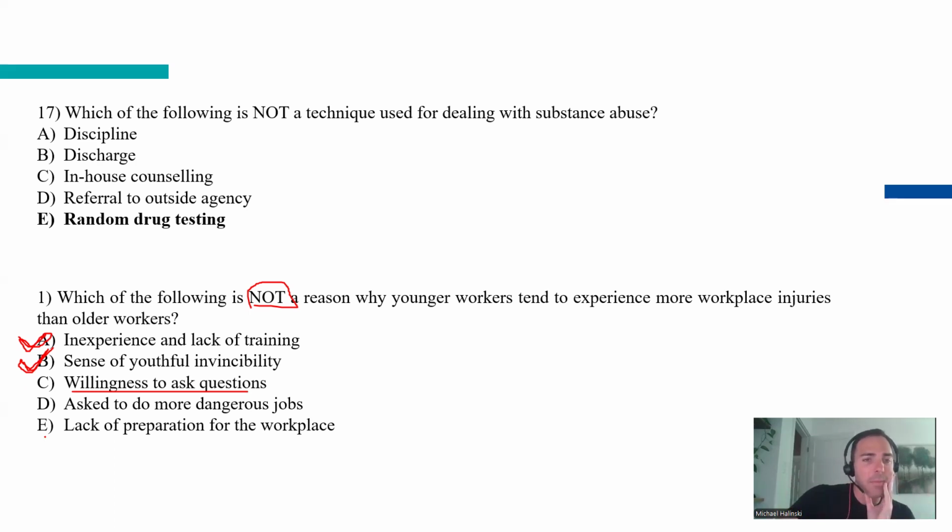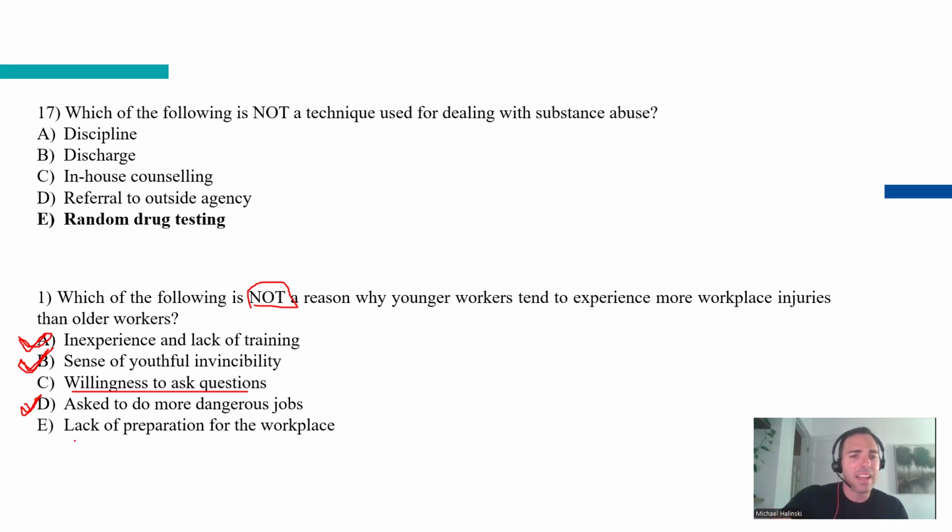Okay. Younger workers are asked to do more dangerous jobs. Yes, that contributes to being more likely to be injured on the job. Younger workers tend to be asked to do more dangerous jobs. They're typically more physically fit, so they're more likely to lift this heavy object than another one. As well, older workers may avoid dangerous jobs just because, well, they don't want to get injured. So they're going to be like, oh, we'll give it to the new kid, right?